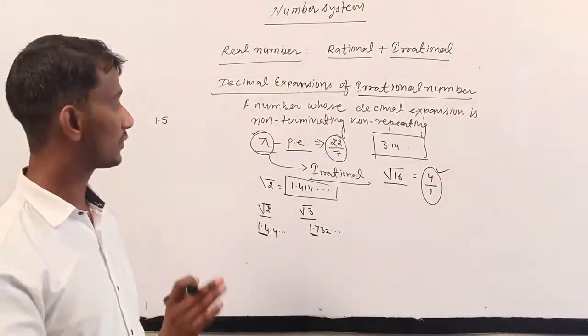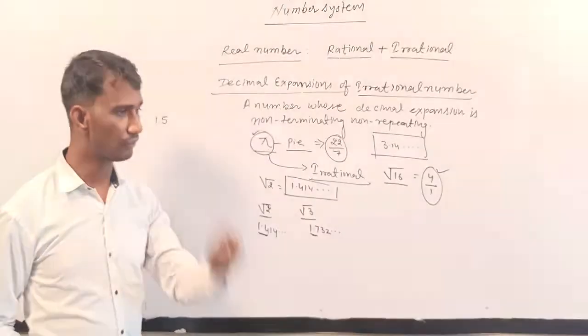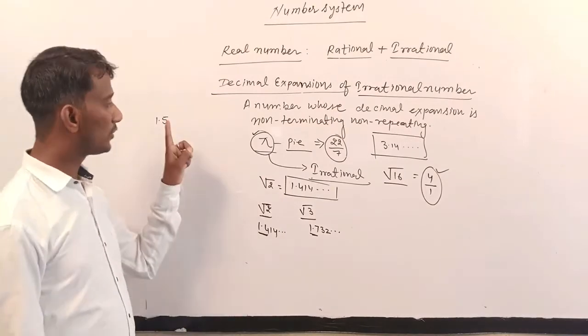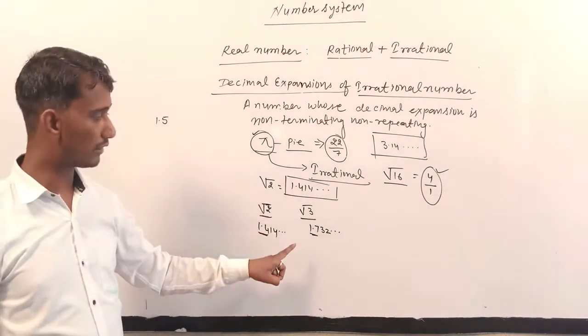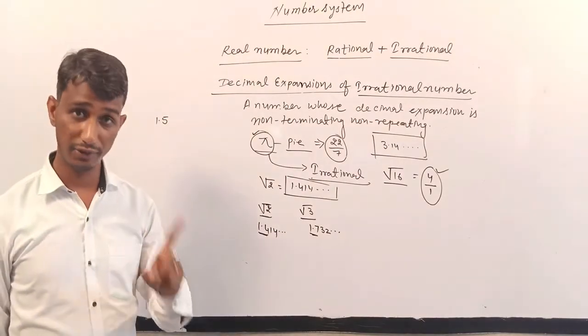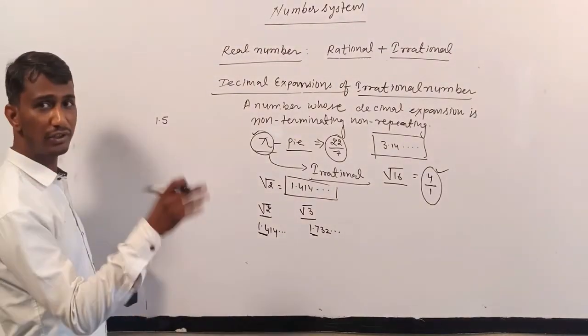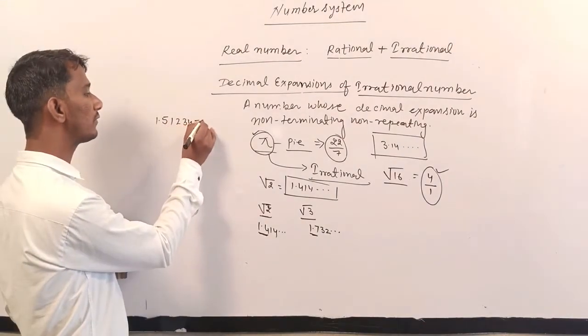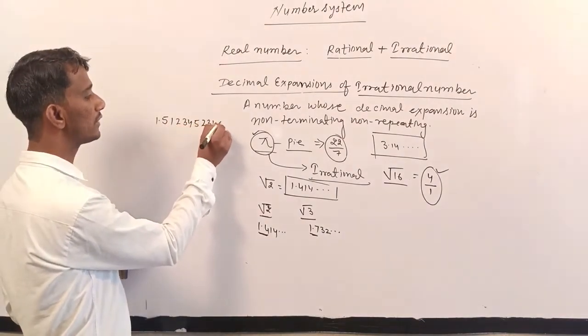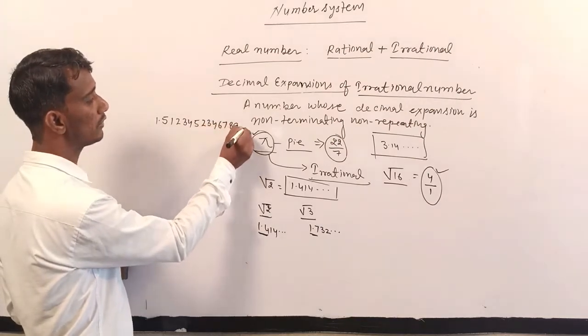One more important thing: when you write the decimal form of an irrational number, digits never repeat. After that, no need to divide. Directly you can write 1.5 1, 2, 3, 4, 5, 2, 3, 4, 6, 7, 8, 9, dot dot dot.